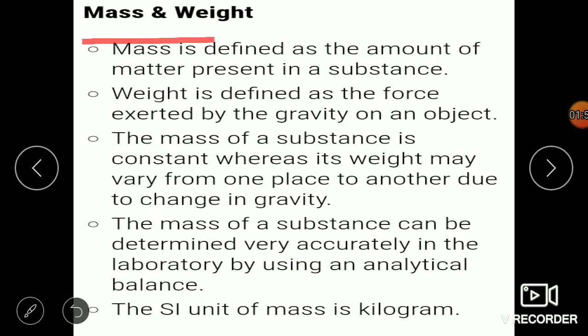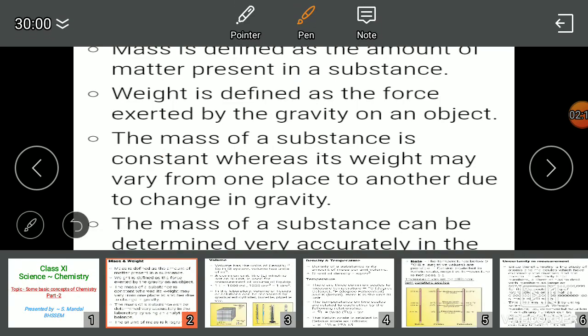But if your mass is say 40 kg, on earth it will be 40 kg and on the moon also it will be the same, because mass is always constant but weight changes because weight depends on the gravitational force. So to remember it, mass is a constant term.